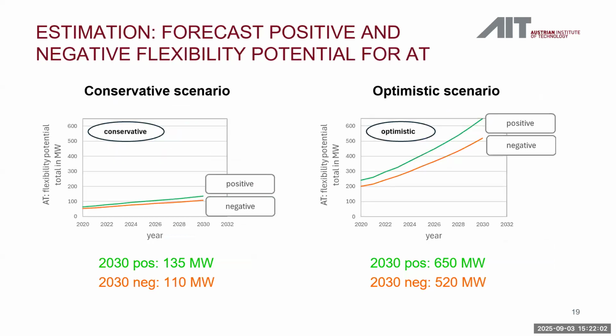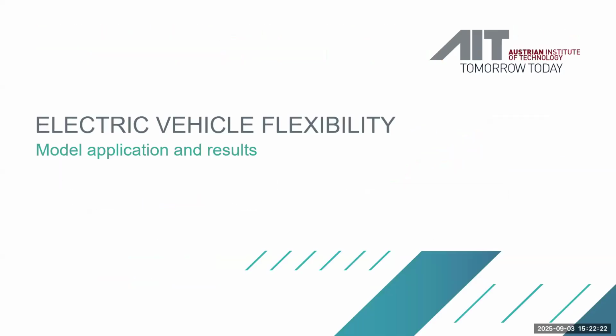If we multiply, we get the numbers that I showed earlier for 2030 on the left side for the conservative scenario. And for the optimistic scenario, we arrive at 650 and 520 megawatt for positive and negative flexibility potential in the year 2030. And with this, I hand over to Bill.